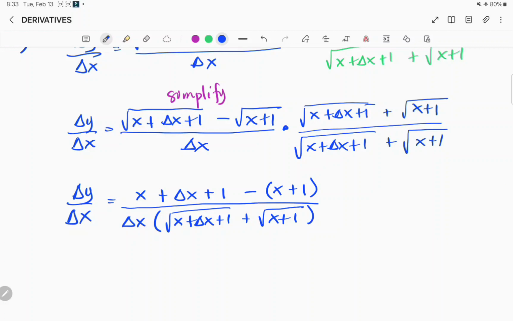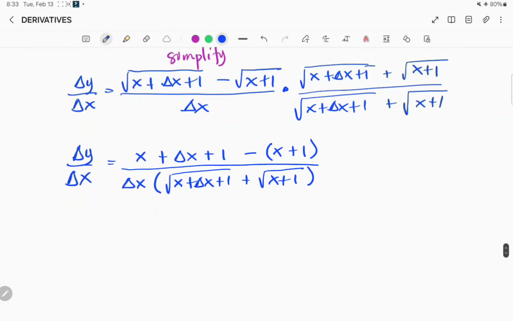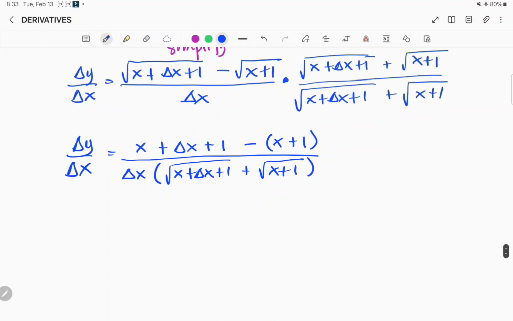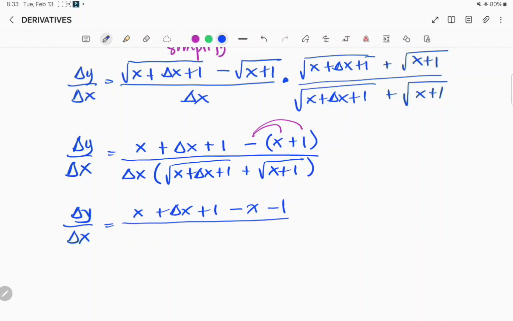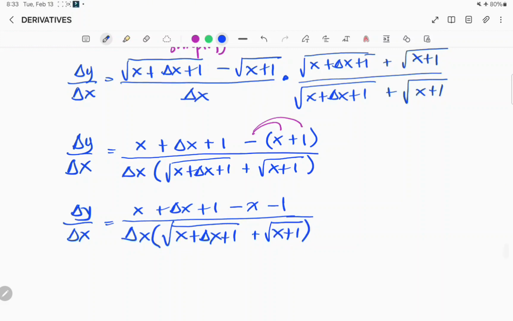Then we simplify the numerator because the numerator is possible to be simplified. It will give us x plus change of x plus 1 minus x minus 1, because we have distributed the negative sign outside the binomial, over change of x, and then we have times the square root of x plus change of x plus 1 plus the square root of x plus 1 in our denominator.